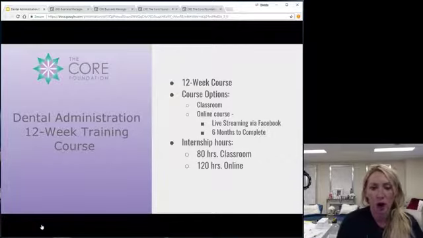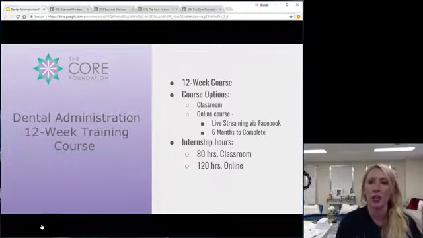Dental administrators, office managers, even just working at the front desk in a dental clinic, having training under your belt, your wage could vary anywhere from $14 to $20 an hour.